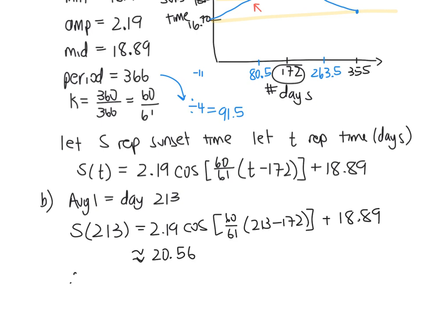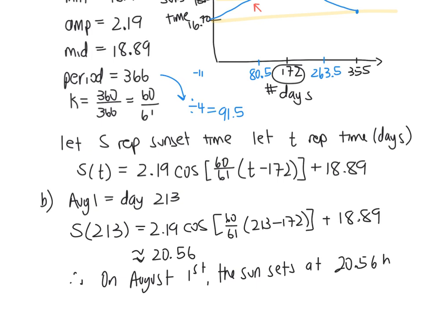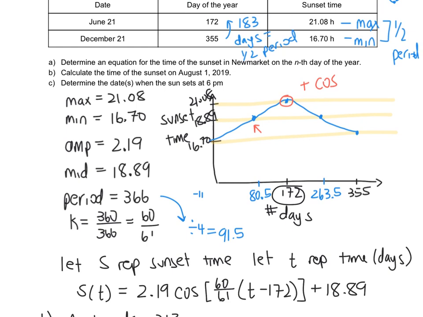So now we can write, therefore, on August 1st, the sun sets at 20.56 hours. Okay, so this one, because I gave you the independent variable, which was the day, we can just plug it into our calculator. Now for part C, we're going to do the opposite.